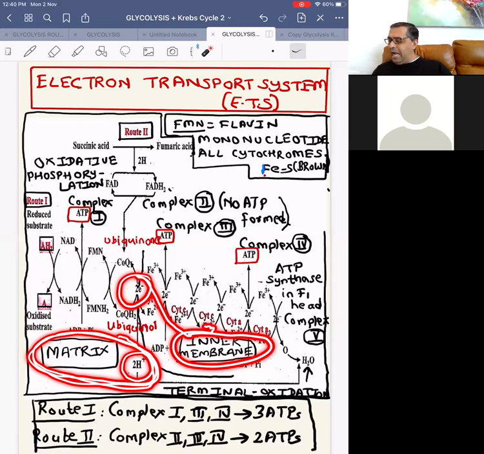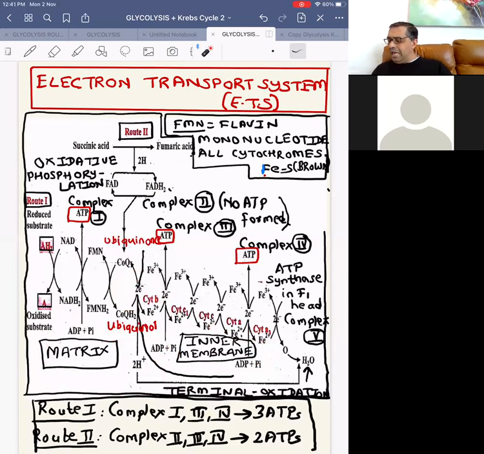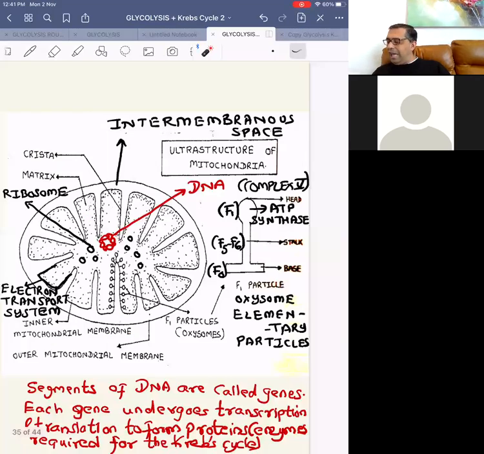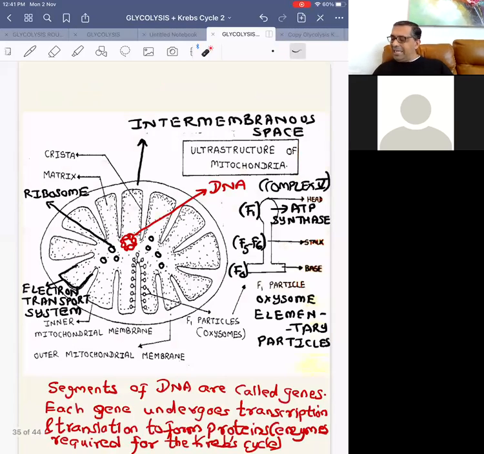You may remember right now: cytochrome B, cytochrome C1, cytochrome C, cytochrome A, cytochrome A3, and finally oxygen. Where are all these electron acceptors found? On the inner membrane.